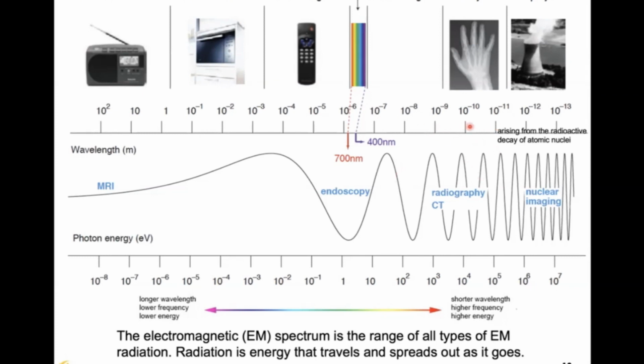And if we go even shorter wavelengths, right? We have higher frequency of the wave. We have X-rays, right? So it's able to examine the internal structure of the human body, and the shortest wavelengths here correspond to the gamma rays, right? So it arises from the radioactive decay of the atomic nuclei.